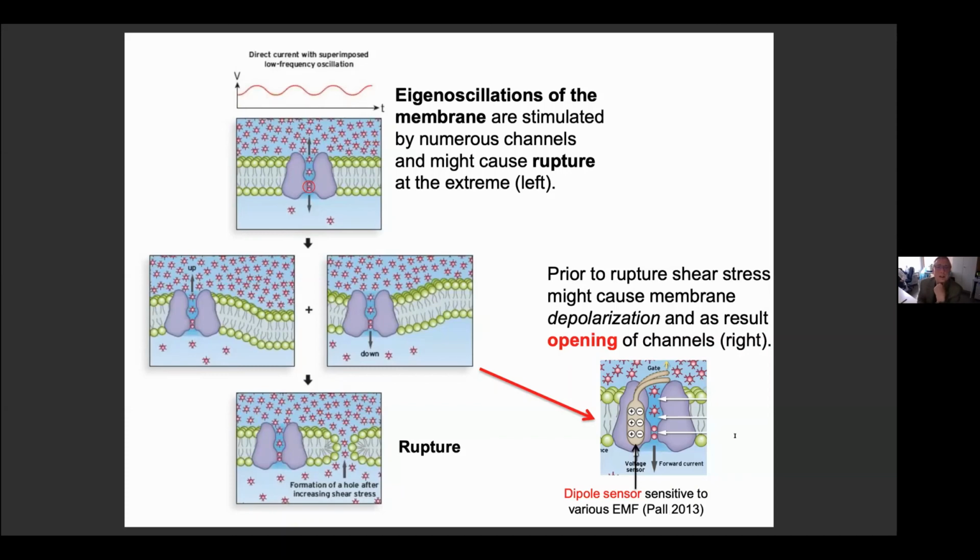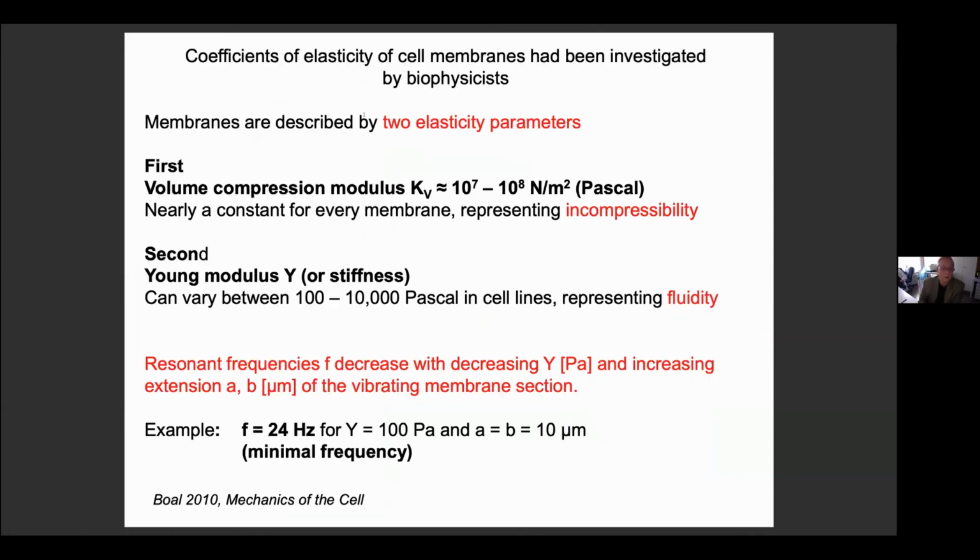Coefficients of elasticity of cell membranes had been investigated by biophysicists. And we know that there is an interesting book, Mechanics of the Cell, in which this theoretical and physical background is described.